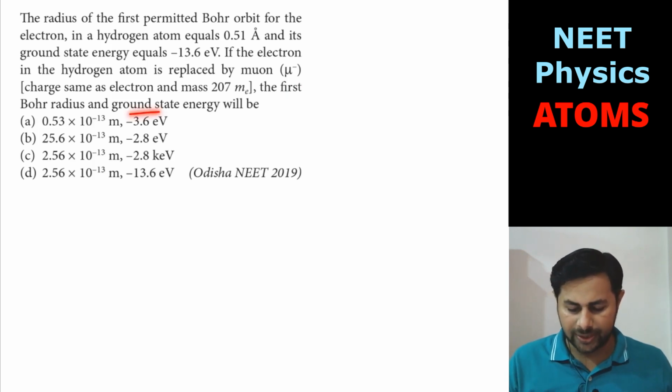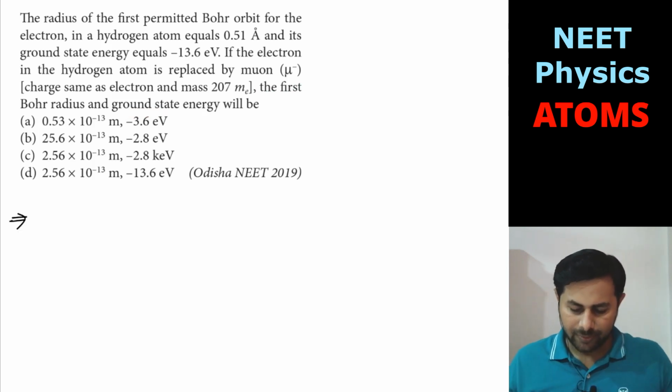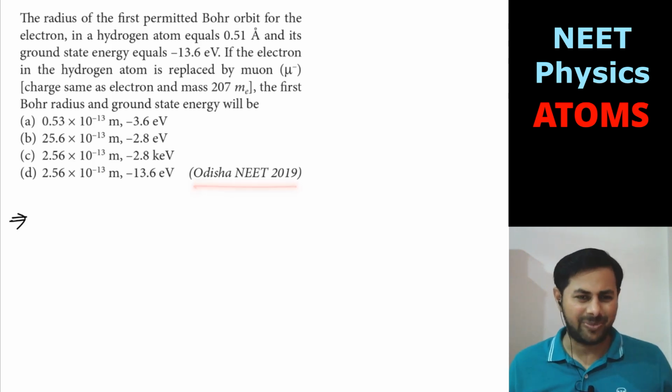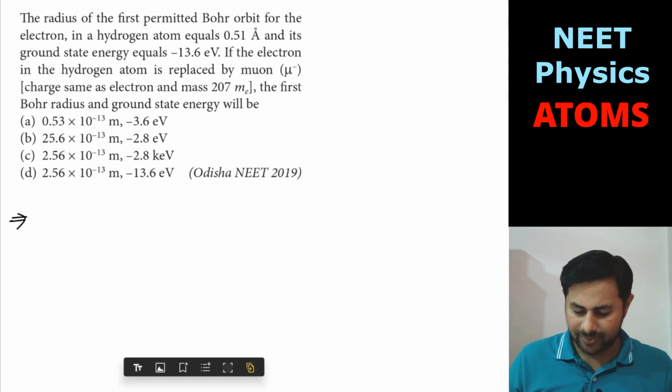The first Bohr radius and the ground state energy will be. Let's see this question. So what's the formula for radius? Here we need to remember the formula. Sometimes they ask questions like this. Tell me.